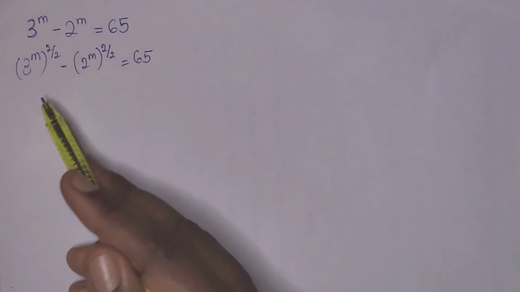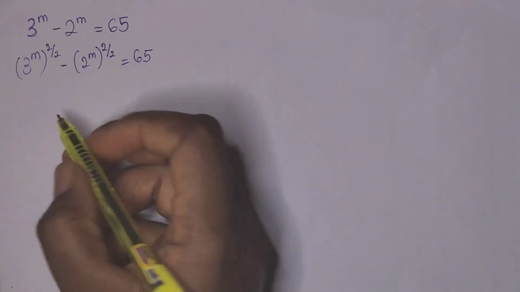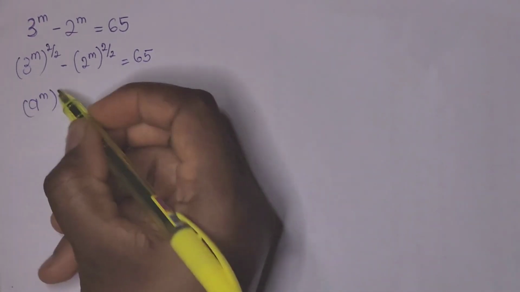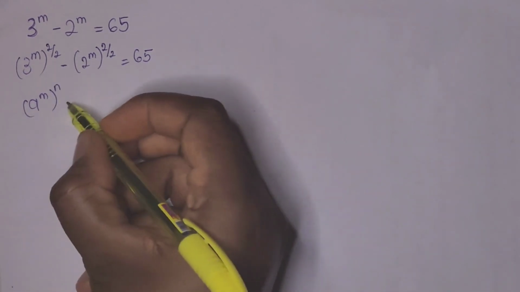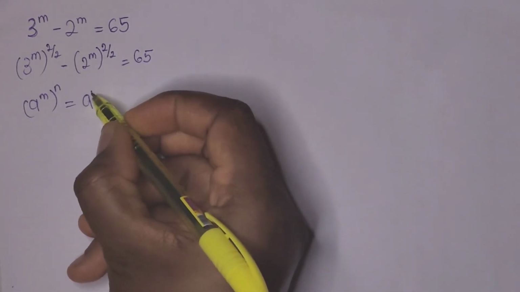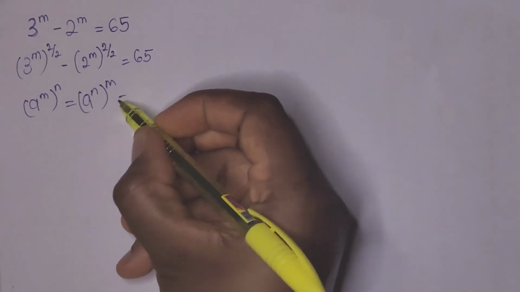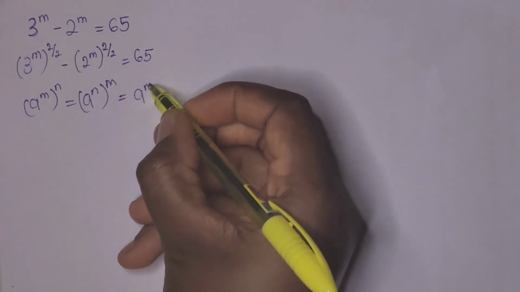But let's recall the law of indices, that when you have a number a to the power of m further raised to the power of n, it is the same as a raised to the power of n further raised to the power of m, which is also the same as a to the power of mn.